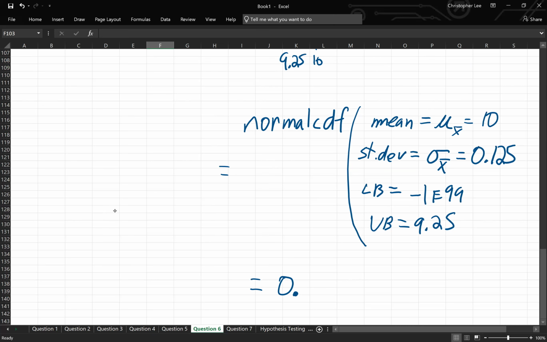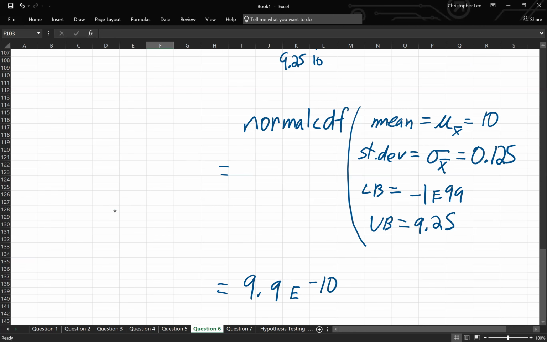Yeah. Let me see. You want it again? Normal CDF, 10, 0.125. That's good. Negative 1E99, 9.25. Oh, I see. So what the calculator is giving you guys is 9.9 E and then negative 10.